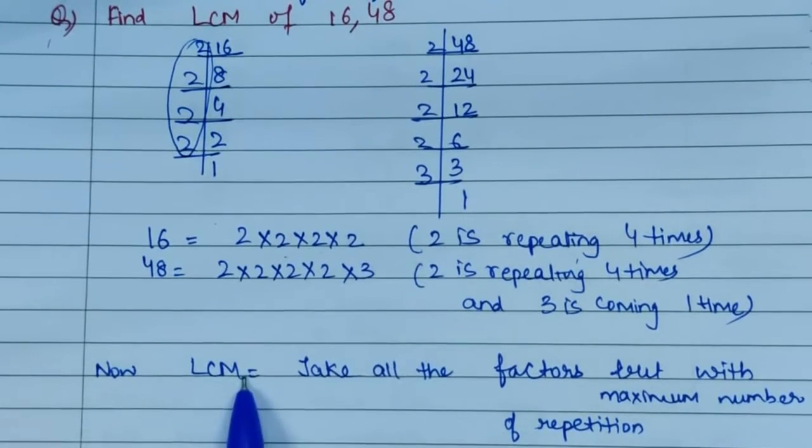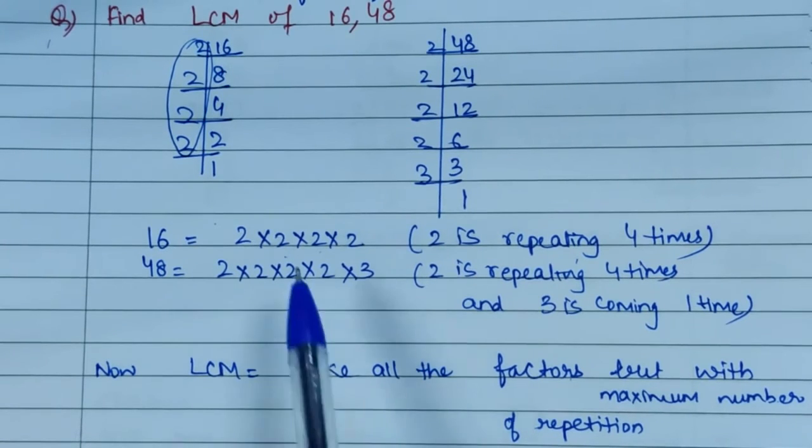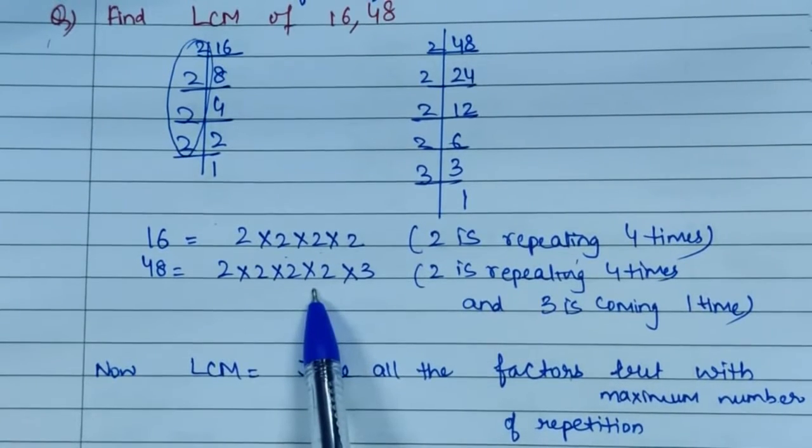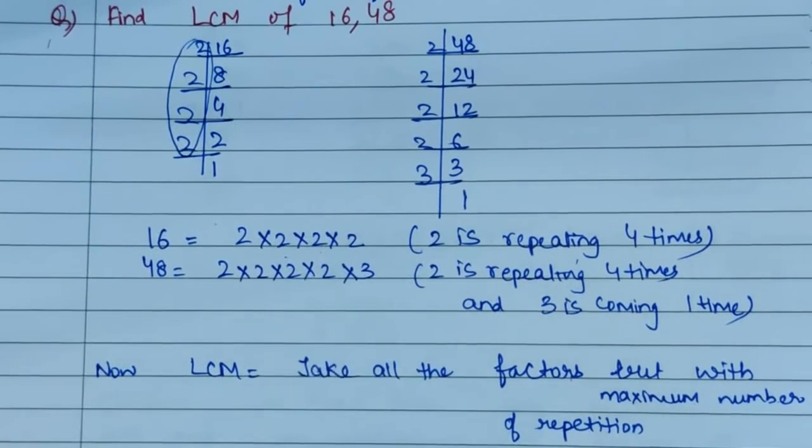Now for LCM, we take all the factors, whether it is common or not common. We have to take all the factors but with the maximum times it is repeating. Suppose 2 is repeating here 4 times, so we write it 4 times.